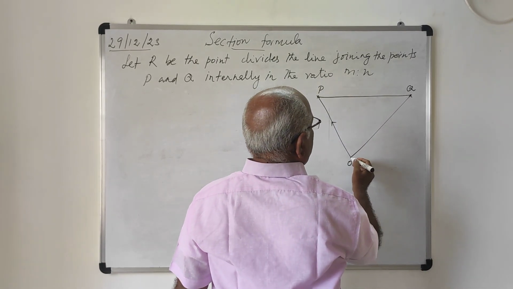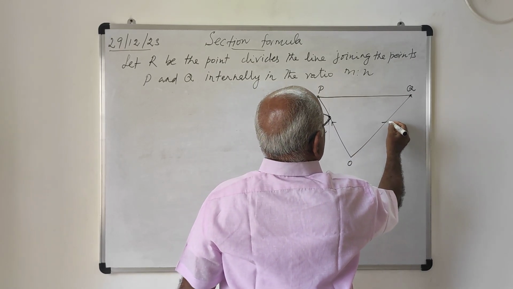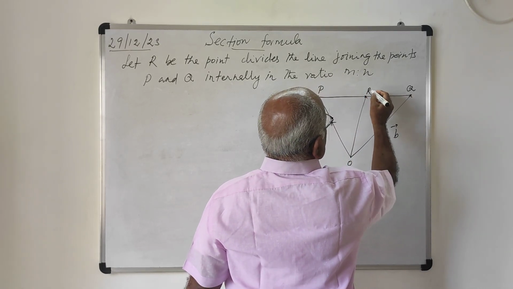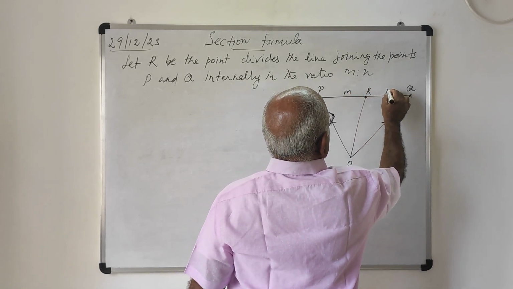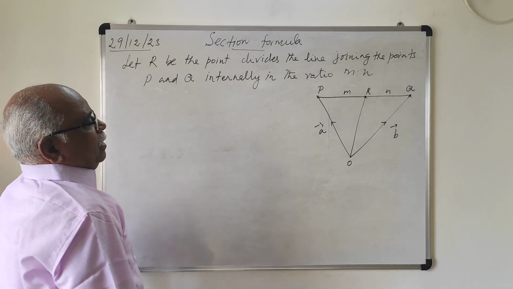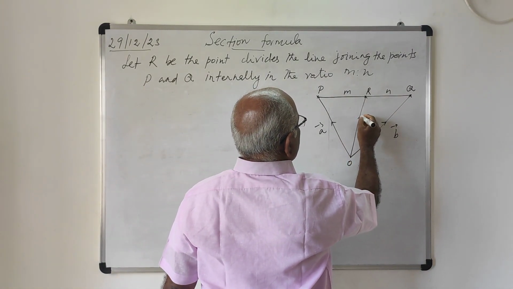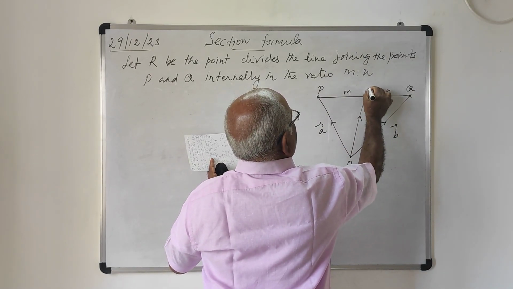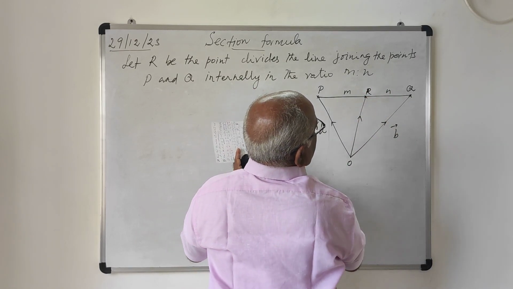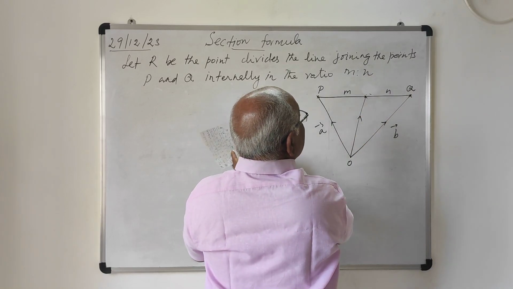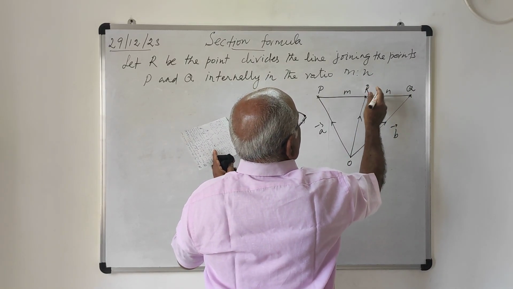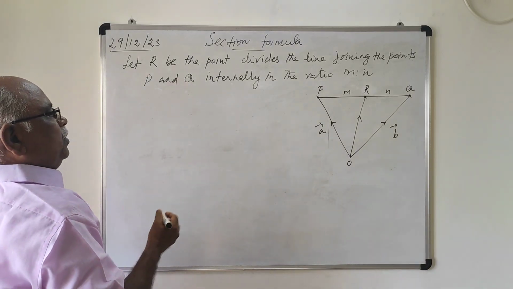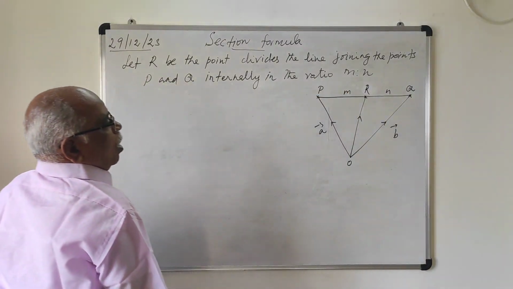With respect to the origin O, OP is vector A and OQ is vector B. R divides the line segment PQ in the ratio m:n internally, in between P and Q. Therefore, we have to find the position vector of the point R.